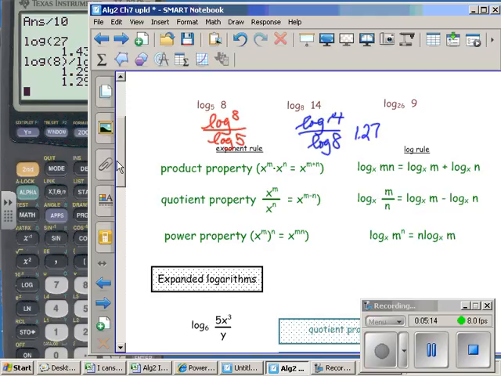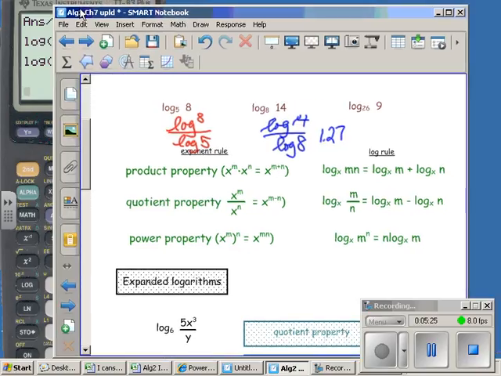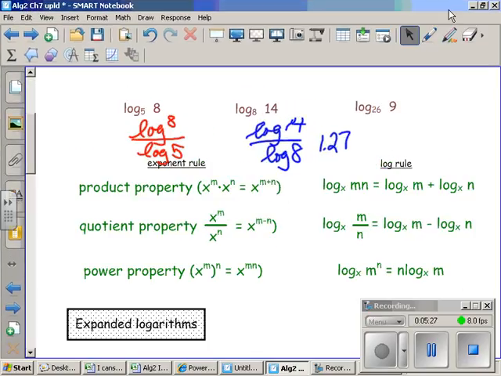The other thing we're going to do today is expansions. And to do that, you have to know the log rules that follow, because logs are exponents.